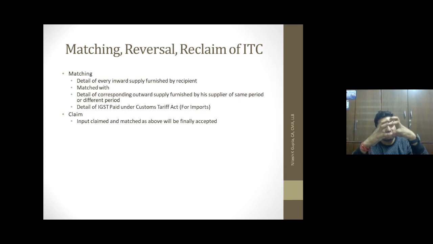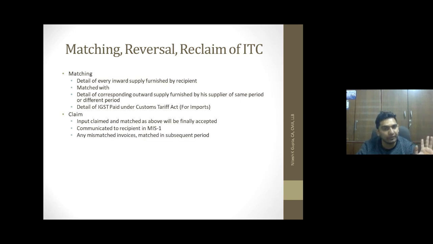Whatever is claimed and matched is accepted and communicated to the recipient in MIS 1. If any mismatches are there and they are matched in a subsequent period, it will again be communicated in MIS 1.